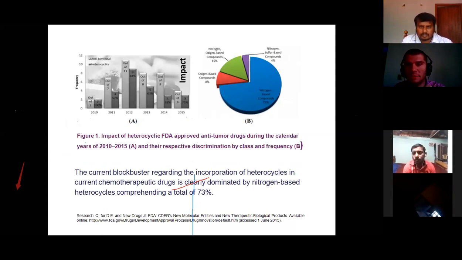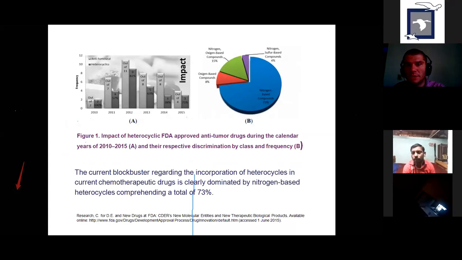The nitrogen-based compounds have 33% of the new drugs from the FDA database. And according to statistics, more than 85% of all biologically active compounds contain heterocycles.